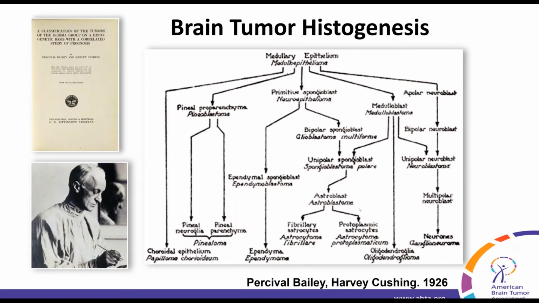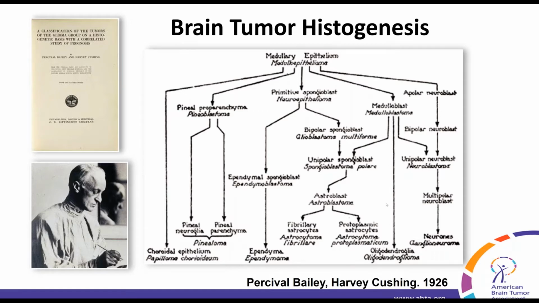The main point here is that we still use these terms today because they were defined back in the early 1900s, and they used the same platform for diagnosis of disease that we used until essentially 2014 or 15, and that's the microscope.